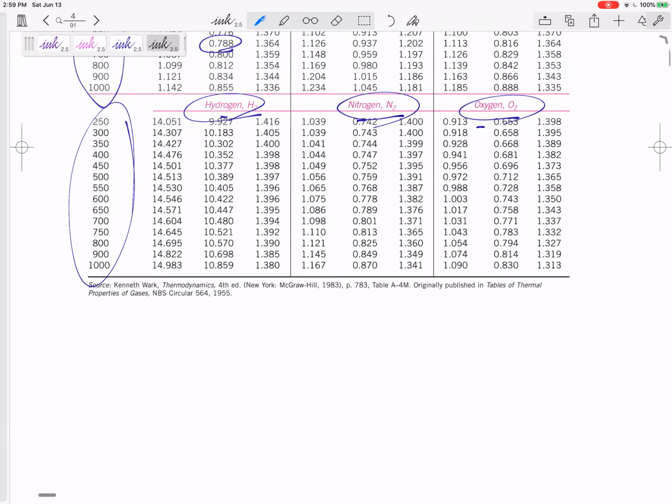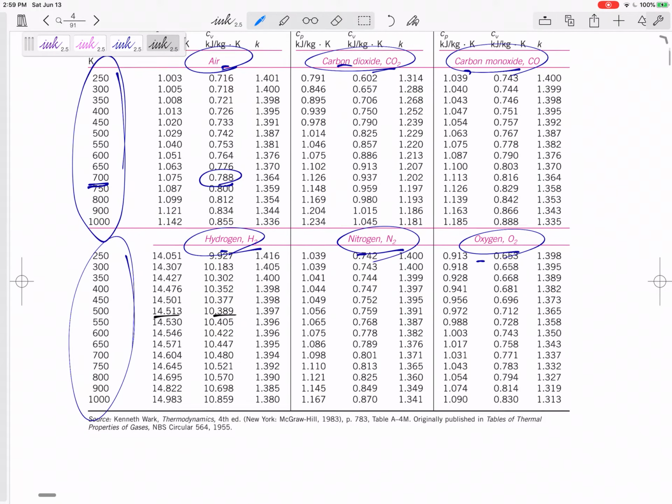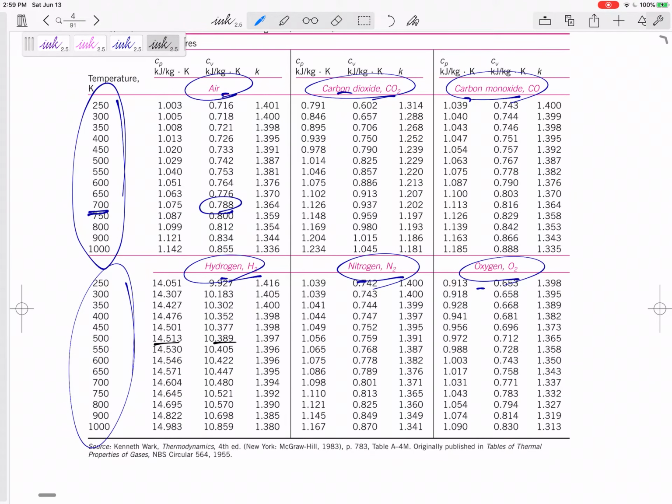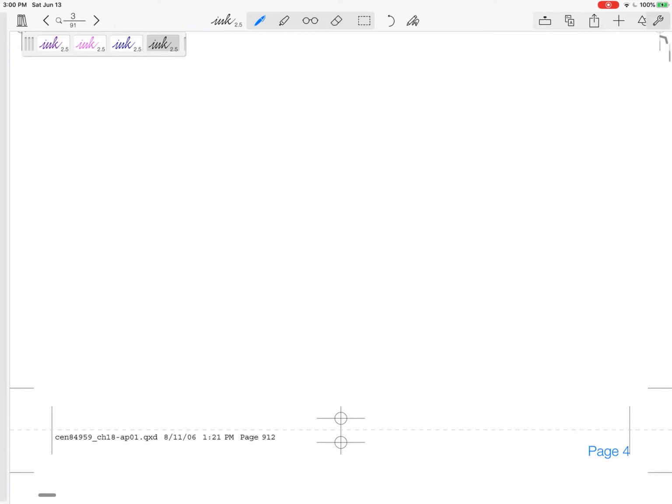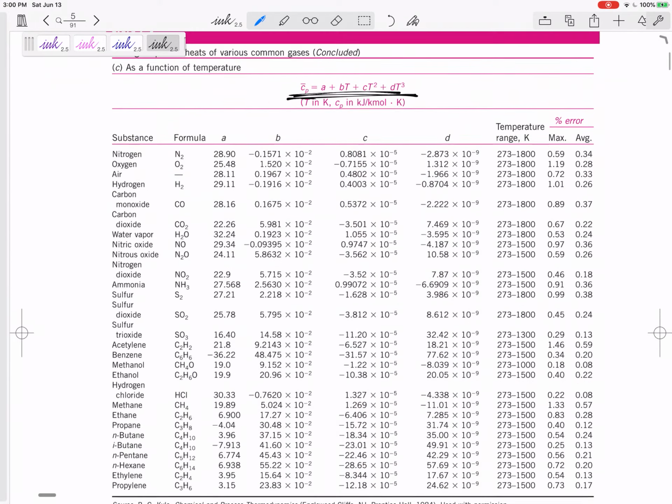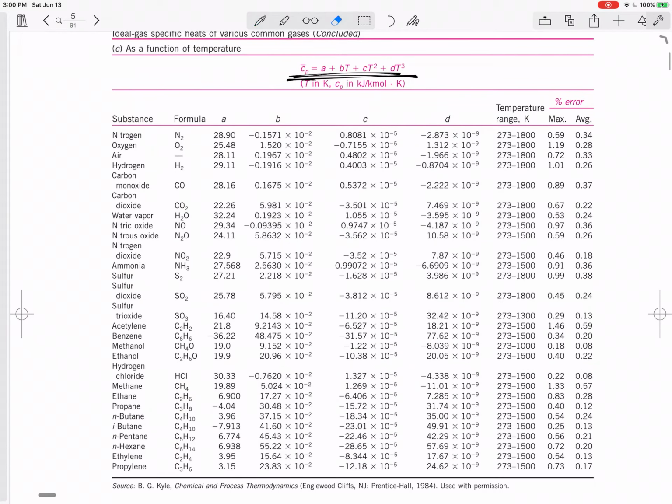These are values at this temperature, but what if we're changing temperatures? This is at 300 Kelvin, but what if we're not at 300 Kelvin? This is the most accurate, and what this does is give us an equation for CP bar. CP bar is the molar specific heat.